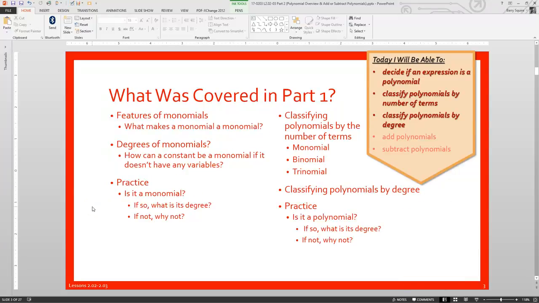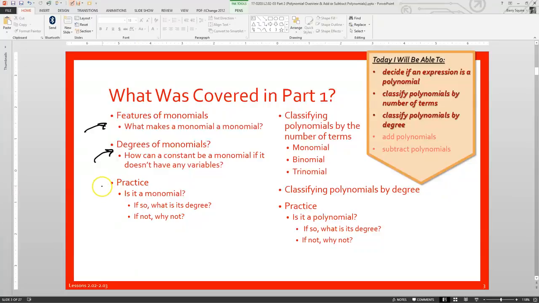What we basically covered, in a little bit more detail, is what makes a monomial a monomial. There are specific rules that fit into that definition. And then we talked about degrees of monomials, which is about the level of exponents. And a question about how a constant can be a monomial if it doesn't have any variables, so we did have a discussion on that.